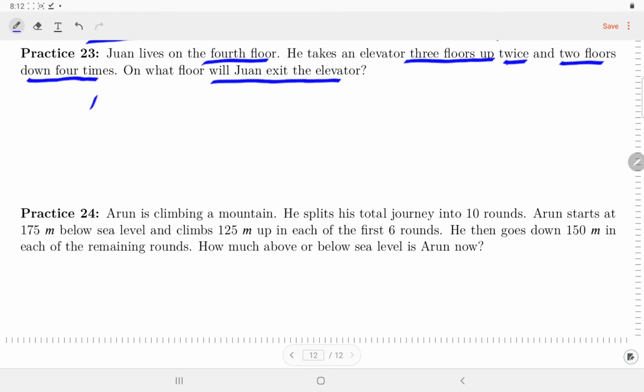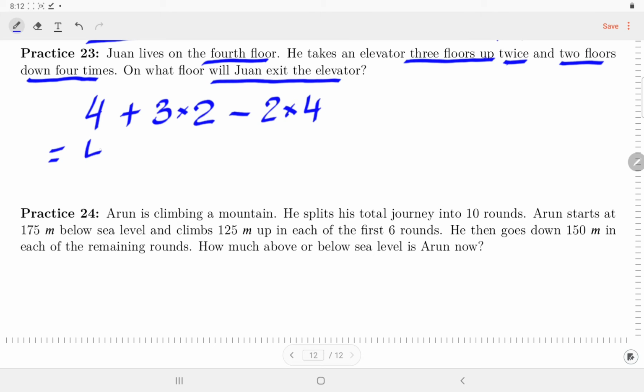Juan starts on the 4th floor. He takes an elevator 3 floors up, that's plus 3 floors twice. 3 times 2. Twice is times 2. And 2 floors down, that's minus, 4 times. 2, 4 times. 2 times 4.